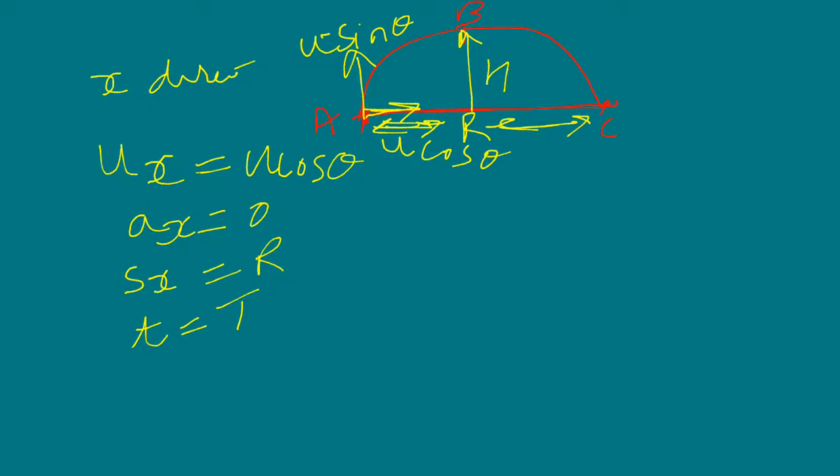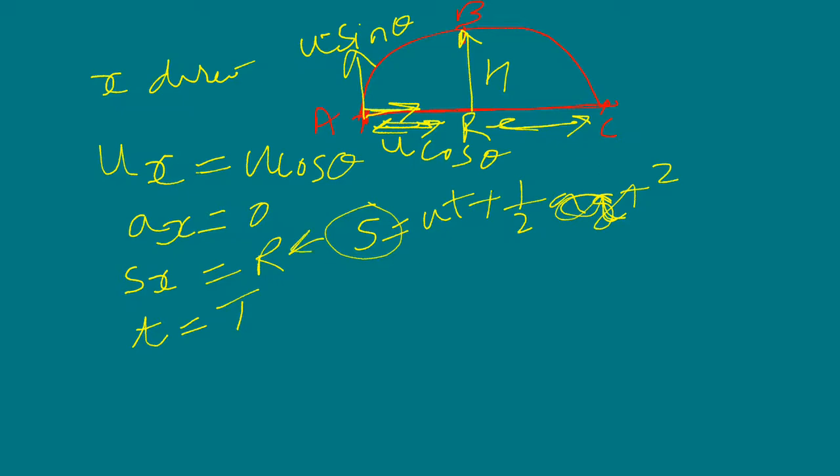So now we will substitute the values. S equals ut plus half at square. S is equal to r, so r equals initial velocity u cos theta into time.